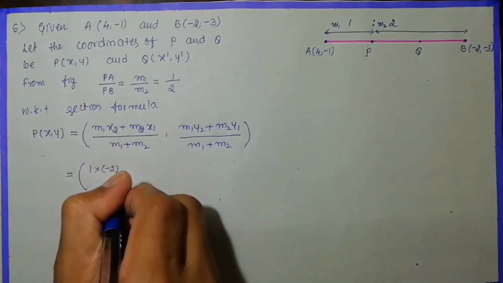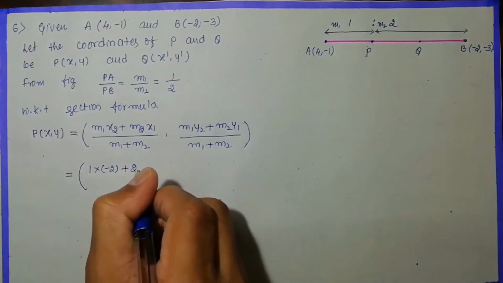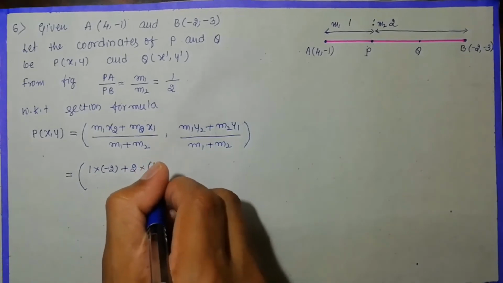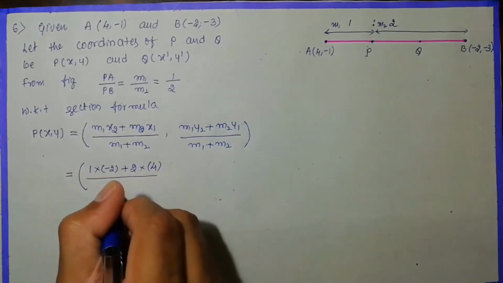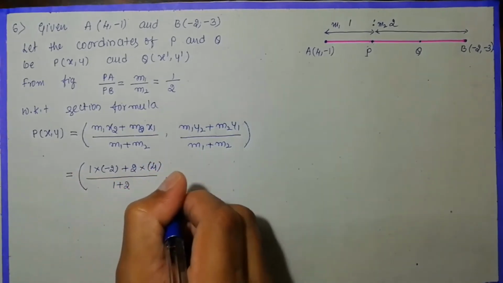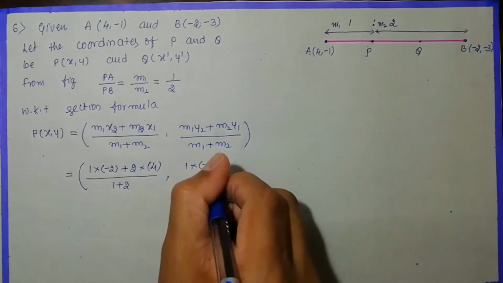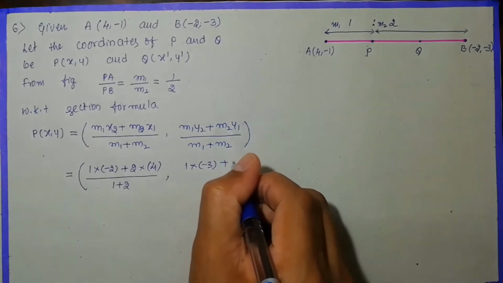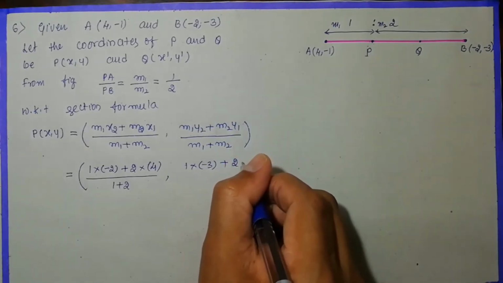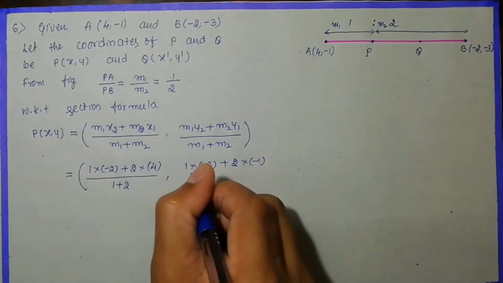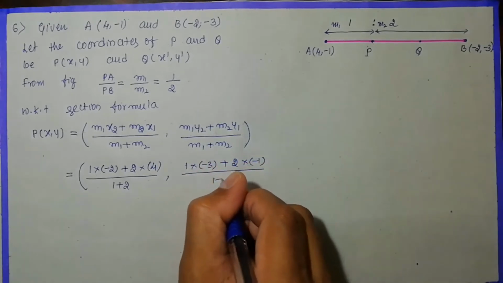Put a bracket here, and then plus m2 means 2, x1 means 4, divided by 1 plus 2. Comma, m1 means 1, y2 means -3, and then plus m2 means 2, y1 means -1, and then the whole divided by 1 plus 2.